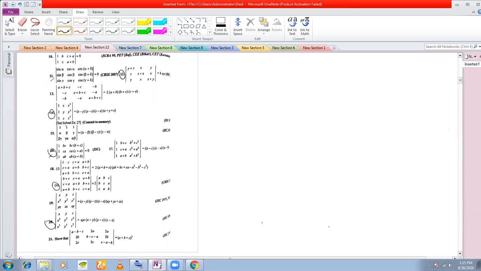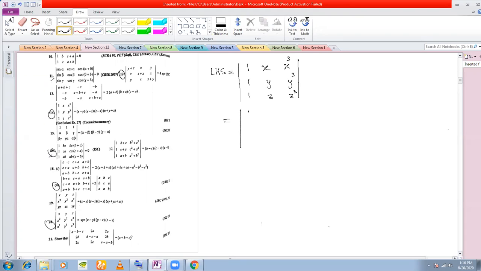Another examination problem. Let's do number 14. An easy one. You need to prove that. So you start from the left hand side. Another easy one. This is because you have got 1, 1, 1. You can do this, right? In the first column, you have got all 1.